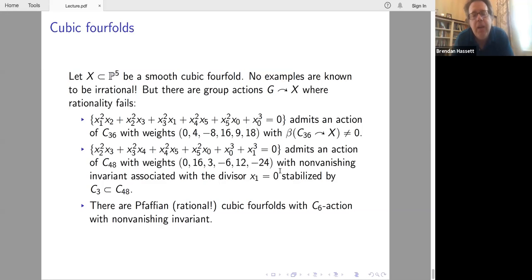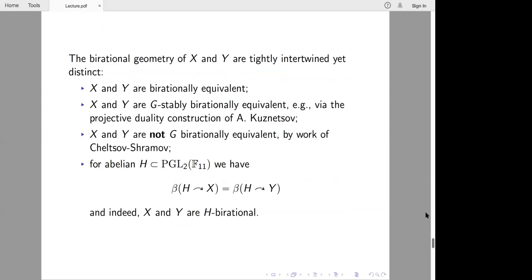About the previous slide. Yeah, go ahead. So what's the punchline of this example? It is an example where the invariant is not sufficient to distinguish the situations, right?